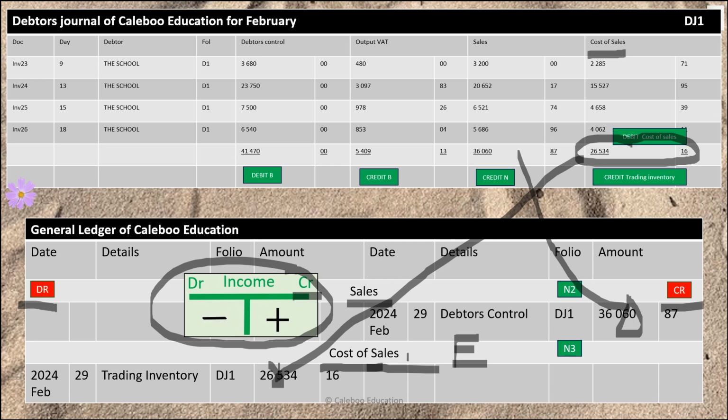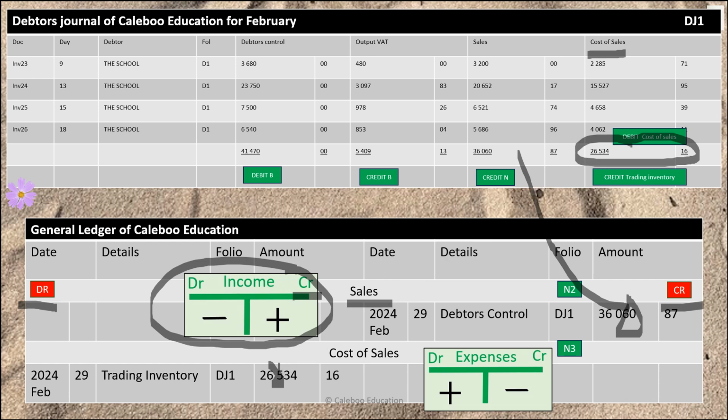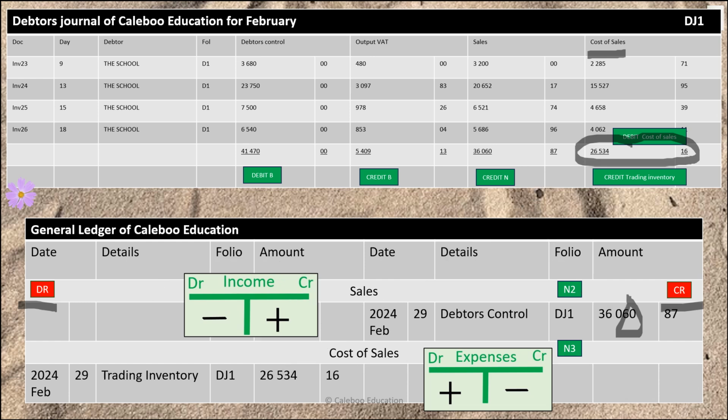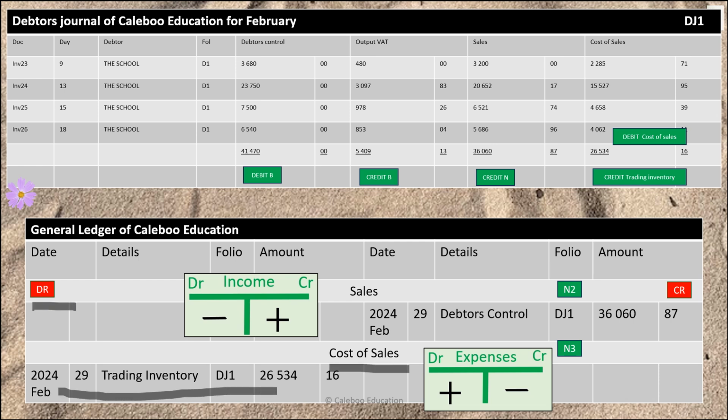And we debit cost of sales because the rule says cost of sales is an expense. If an expense increases, the account must get debited. So on the debit side of cost of sales, we have an entry. And the contra account to cost of sales is trading inventory. Cost of sales was debited and trading inventory was credited.